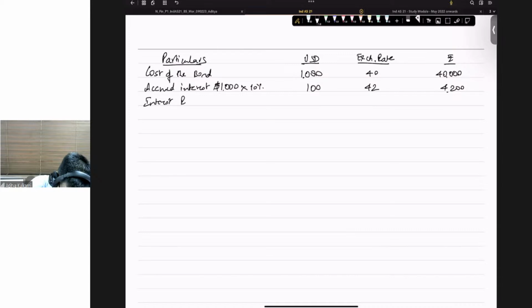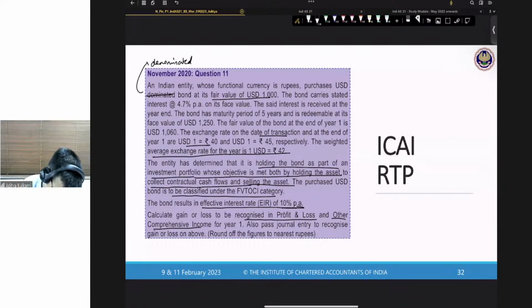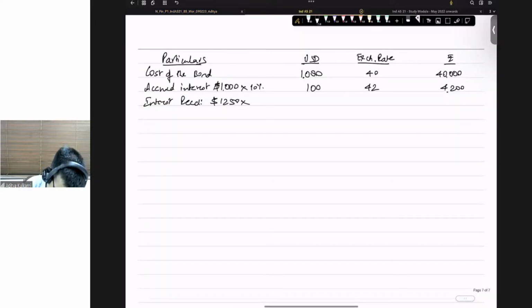Out of this, you are receiving an amount. Interest received. In dollars, 1,250. That is what they have given. The bond is redeemable at the face value of 1,250, interest at 4.7% on face value. So into 4.7% gives you 58.75.